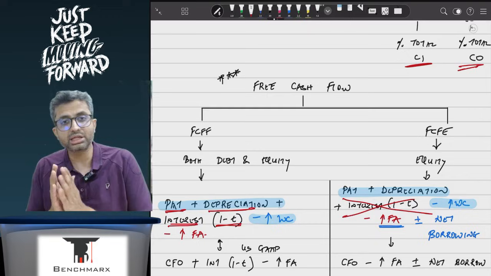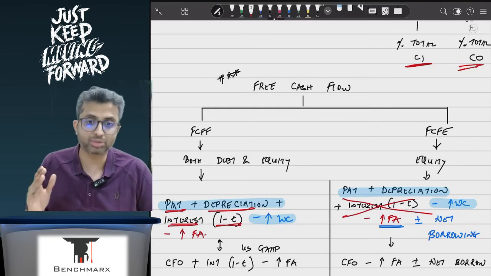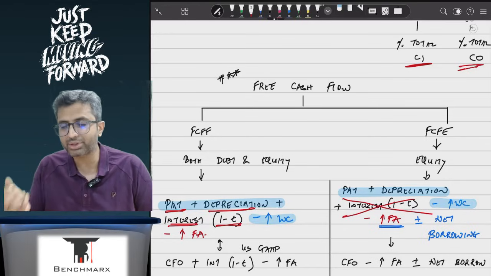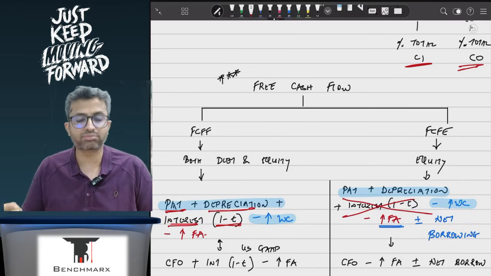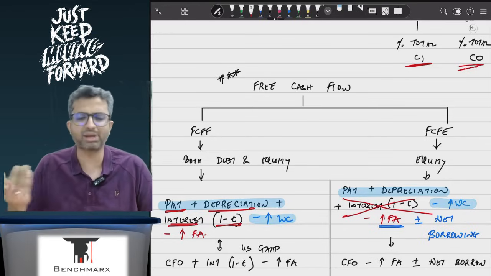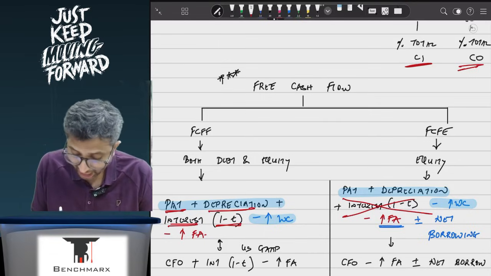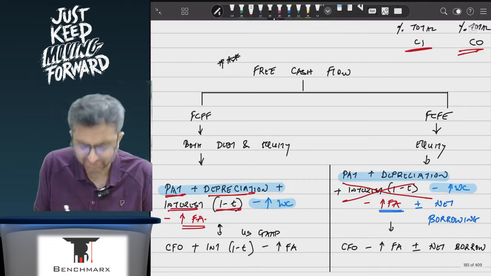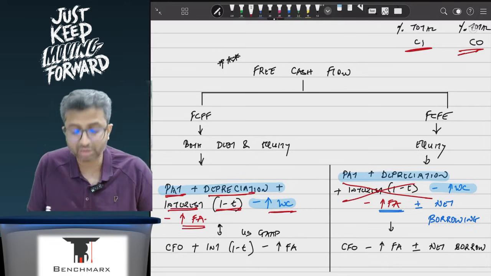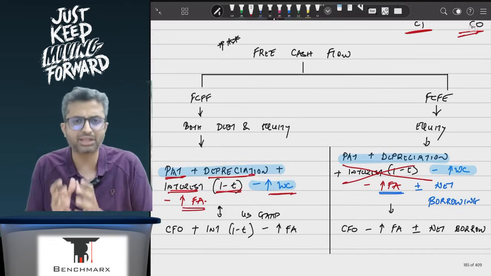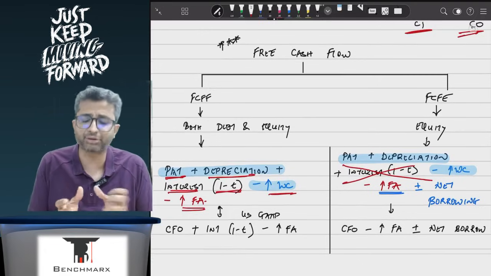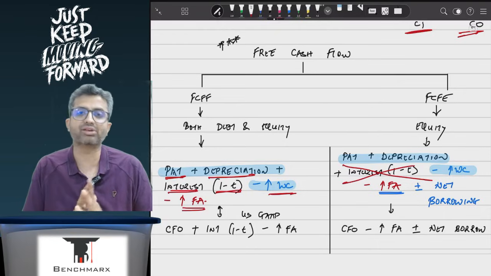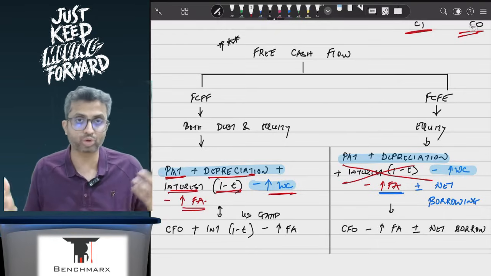However, it is not necessarily the entire CFO I should distribute. Why? Because I may need to keep aside some money for my capex requirements, some money maybe for my working capital requirements, and hence I will deduct my increase in fixed assets, which is called capex, deduct my increase in working capital, and thereby the money that is left over will be taken as my free cash flow to the firm.